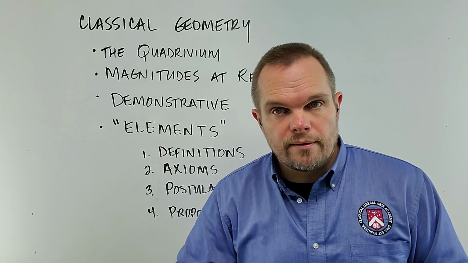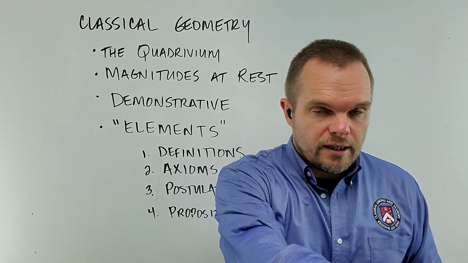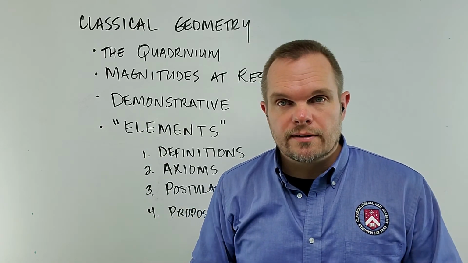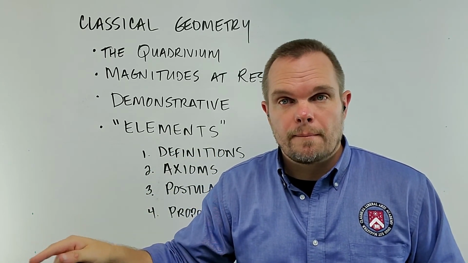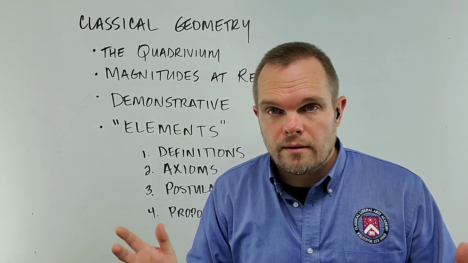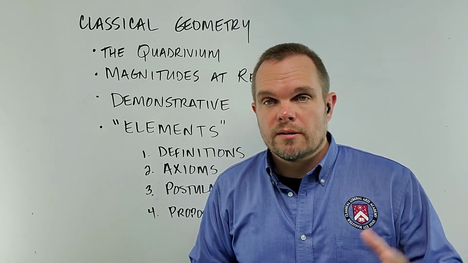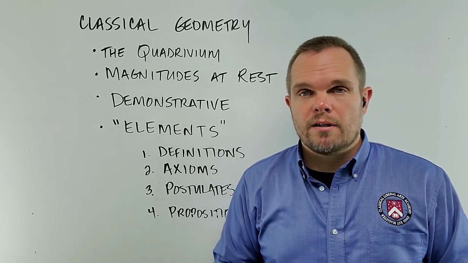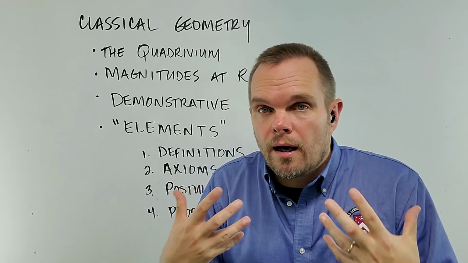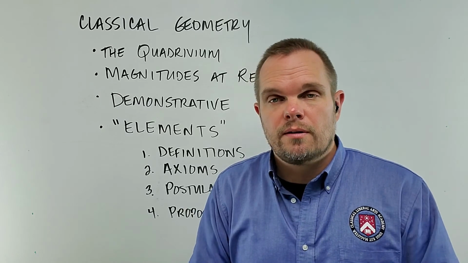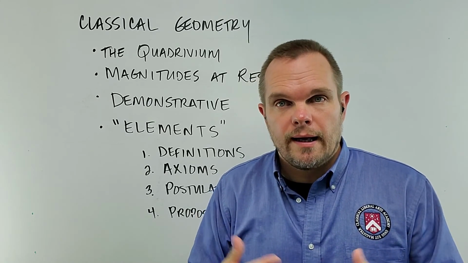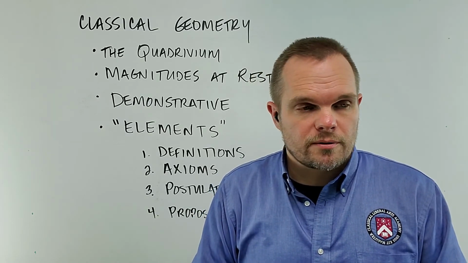I can conclude that because the definition of a circle says that all of those lines from the center point to the circumference are by definition equal. Okay? So the definition and the details of the definition actually become the proofs for conclusions that I'm able to draw as I work with these different figures.